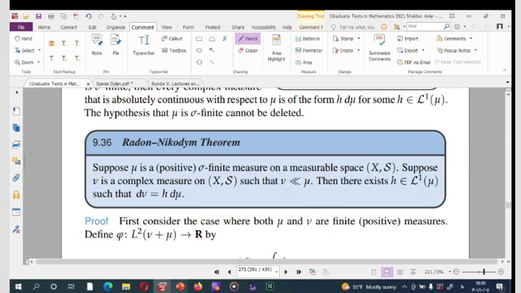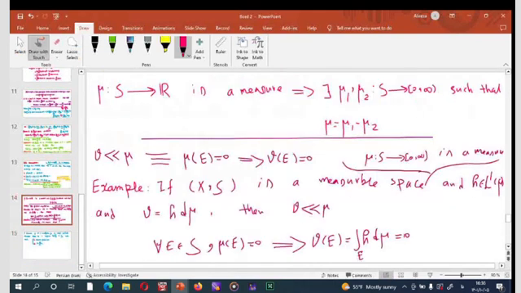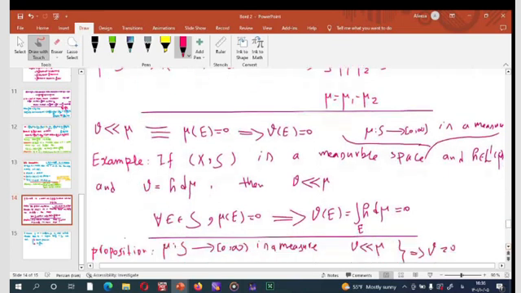I saw that the Radon-Nikodym theorem shows that this example is very important, because in this example we see that if X and S is a measurable space and mu is a positive measure on S and h belongs to L1, and nu equals h d mu, then this nu is absolutely continuous with respect to mu.